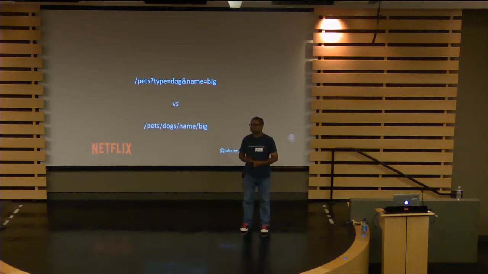The first one is kind of a filter, and we should get a 200 and an empty array. Yes. And the second one, you can get a 404, exactly. So the first one, again, we are opening it to interpretation. And you had a very good interpretation: the first one is valid because /pets is perfectly valid, type is a perfectly valid parameter, name is a perfectly valid parameter. If I don't get anything, should I return a 400 because foo is not a valid type?